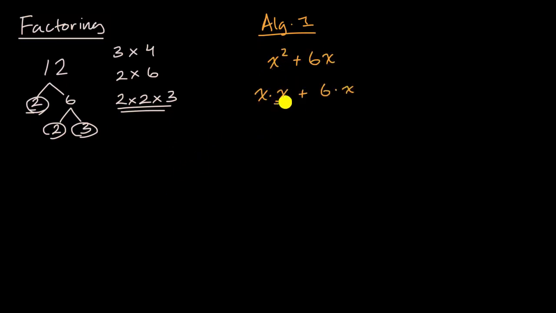And so both of them have x as a factor, and so we might want to factor that out. And so we could rewrite this entire expression as x times (x plus 6). What we just did is we factored out these x's that I am circling in blue.